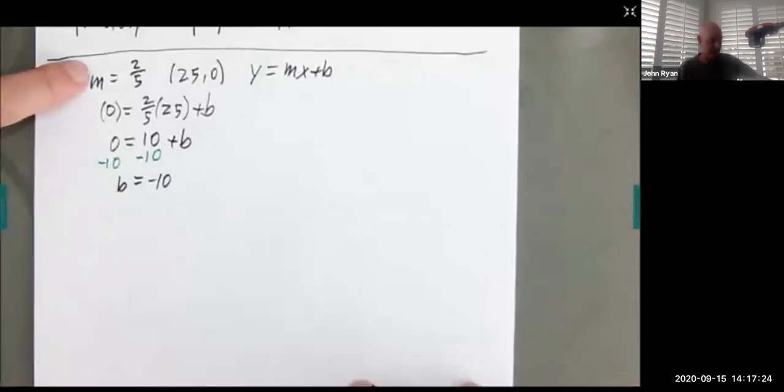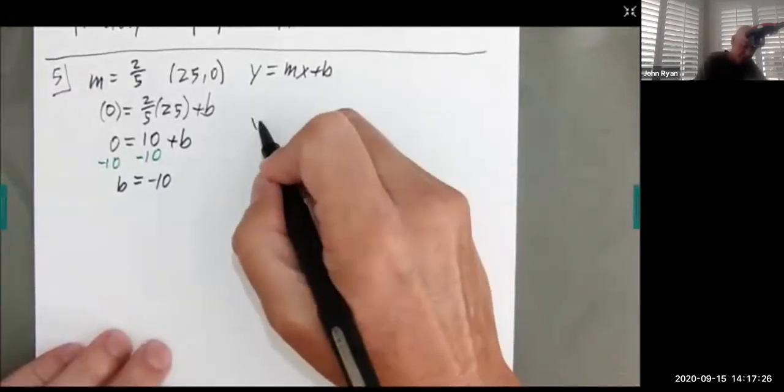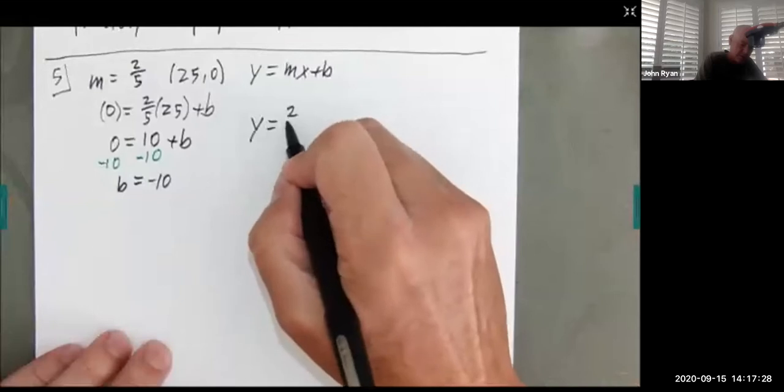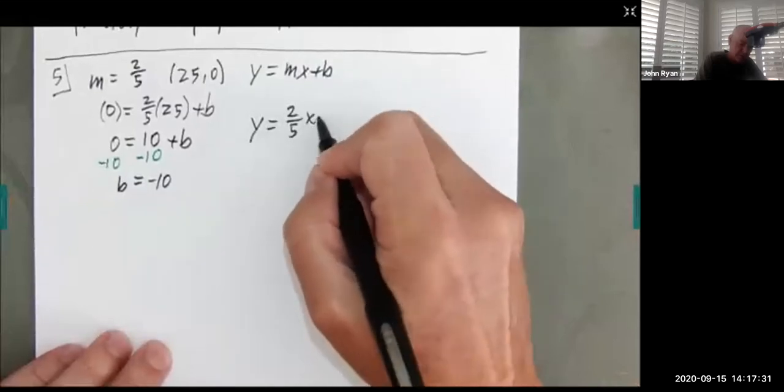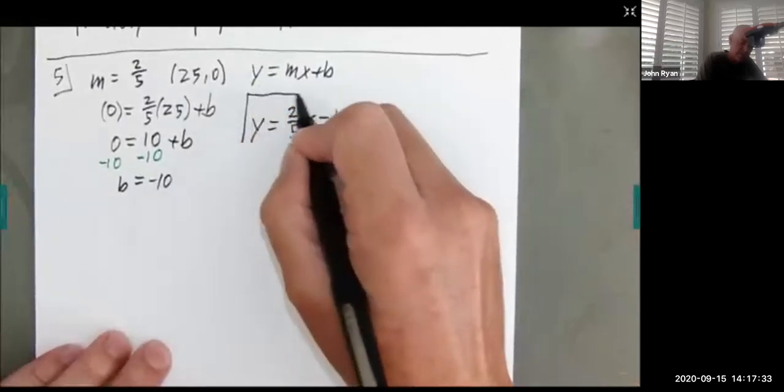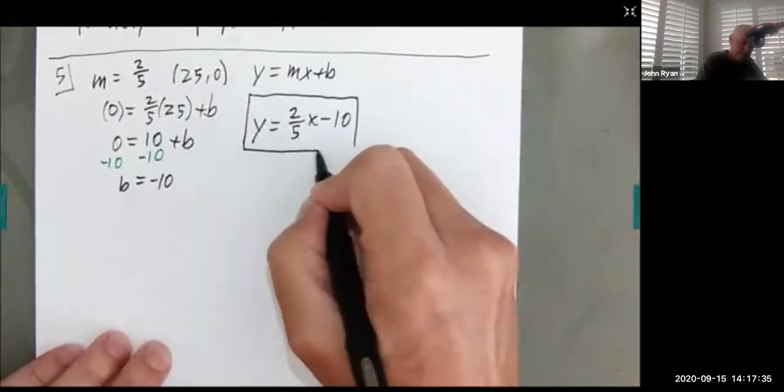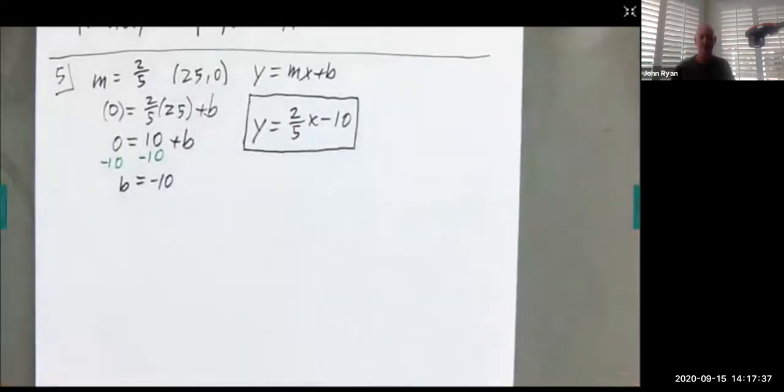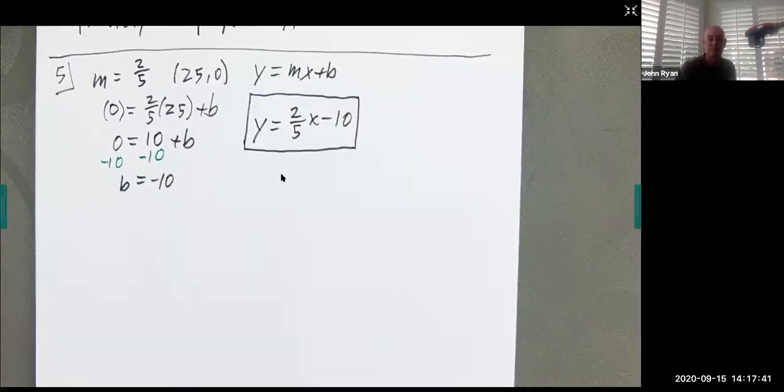So now I have m and b, so I'm going to rewrite it with the new m and b in there. There's my equation of a line going through that point with a specific slope.